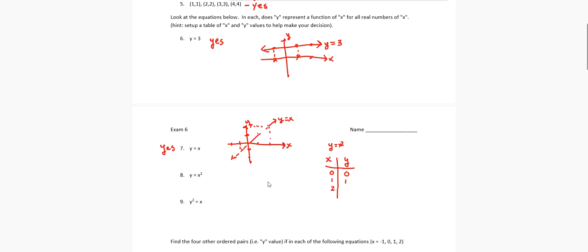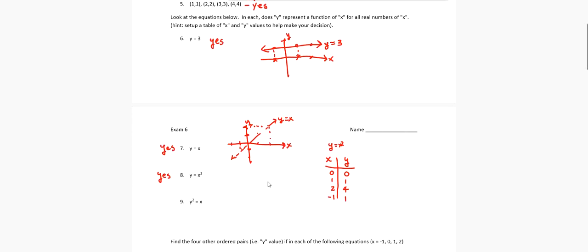If I stick in 2 for x, 2 squared is 4. If I stick in minus 1 for x, minus 1 times minus 1 is 1, which is the same y value here, but each x value only gives us one y value. So this is a yes.